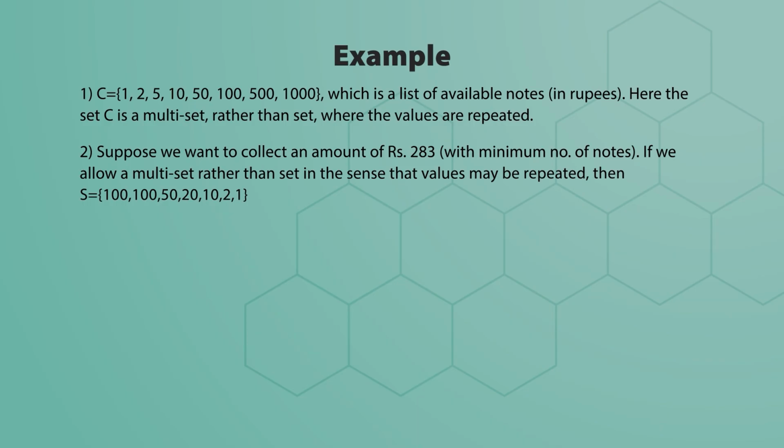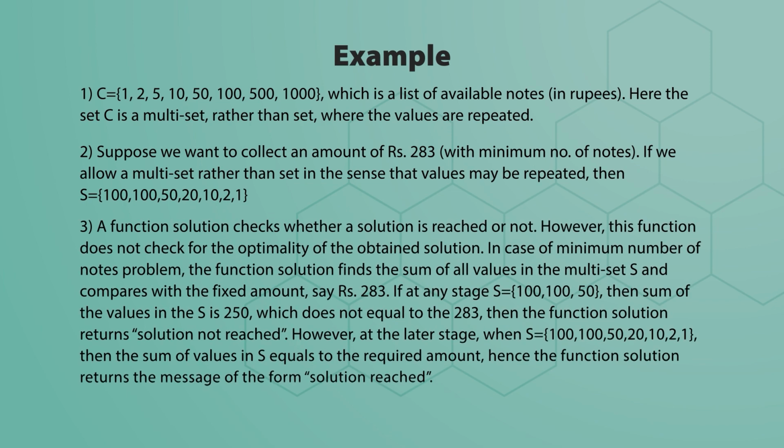The constraint is that the number of notes should be minimum. So you have to make the note set in such a way that you get the minimum number of notes to create rupees 283. If we allow a multi-set rather than a set, you can add the same note multiple times.